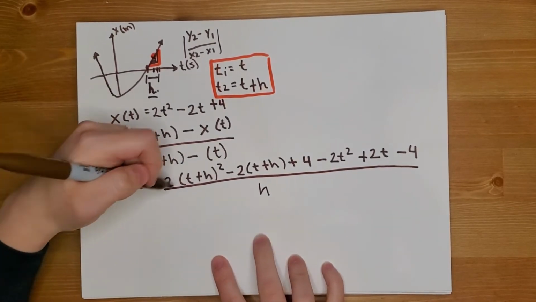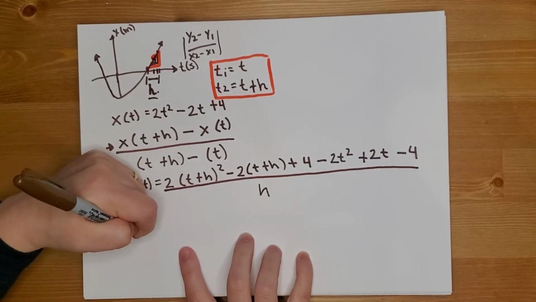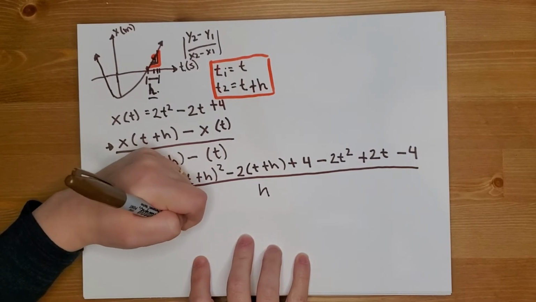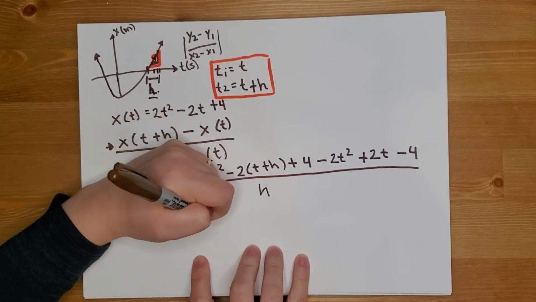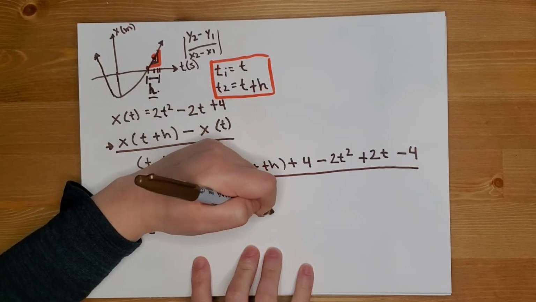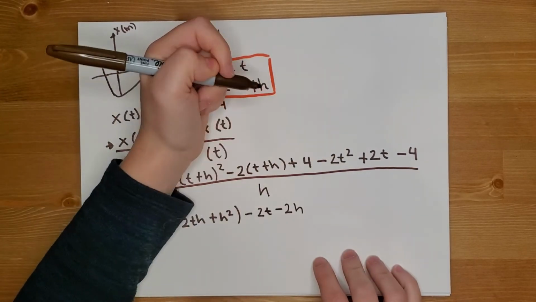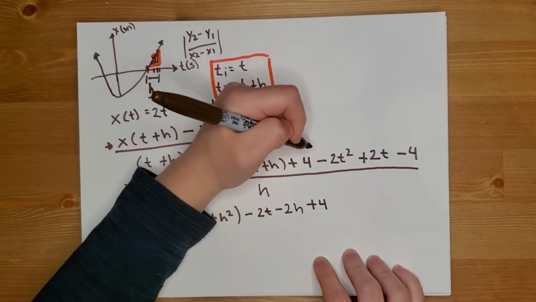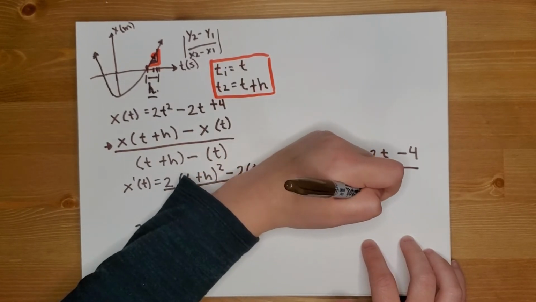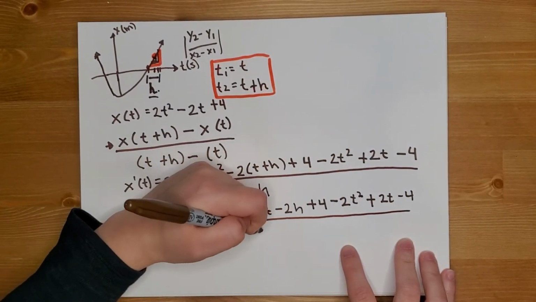We might need another paper for this, but okay, we'll just go through it. So we have 2t squared plus 2th plus h squared, minus 2t minus 2h, plus 4, minus 2t squared plus 2t minus 4, again over h.